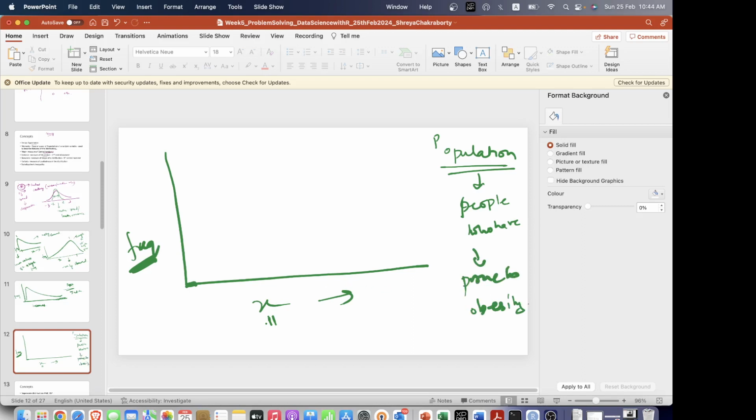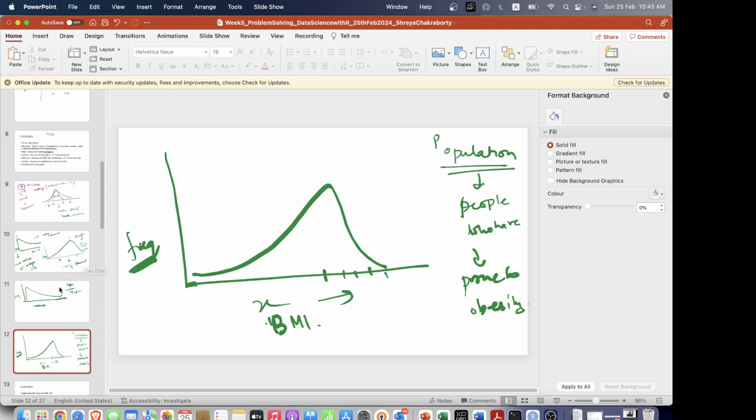Now if I get a plot of BMI for this set, then I would have a larger frequency of people with higher BMIs because my population is obesity prone. Is this acceptable to you? Yes. Okay, so this is a measure of skewness.